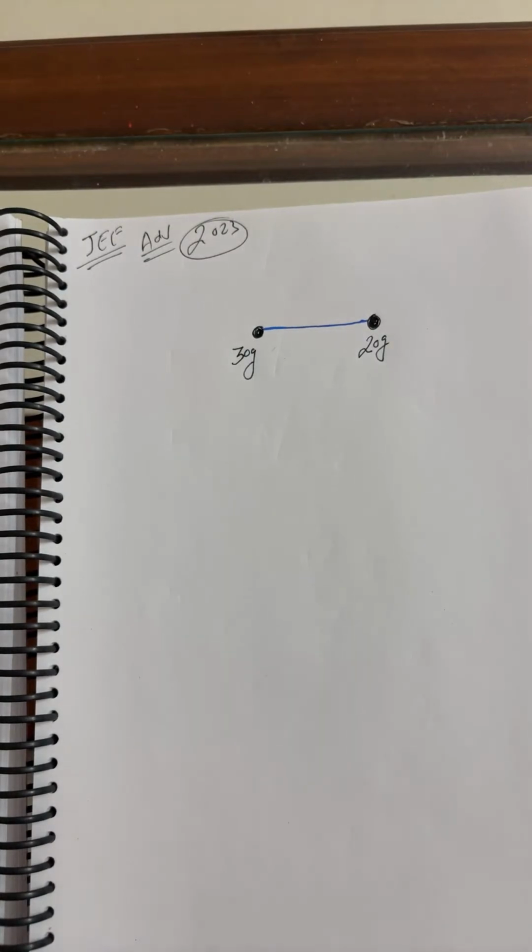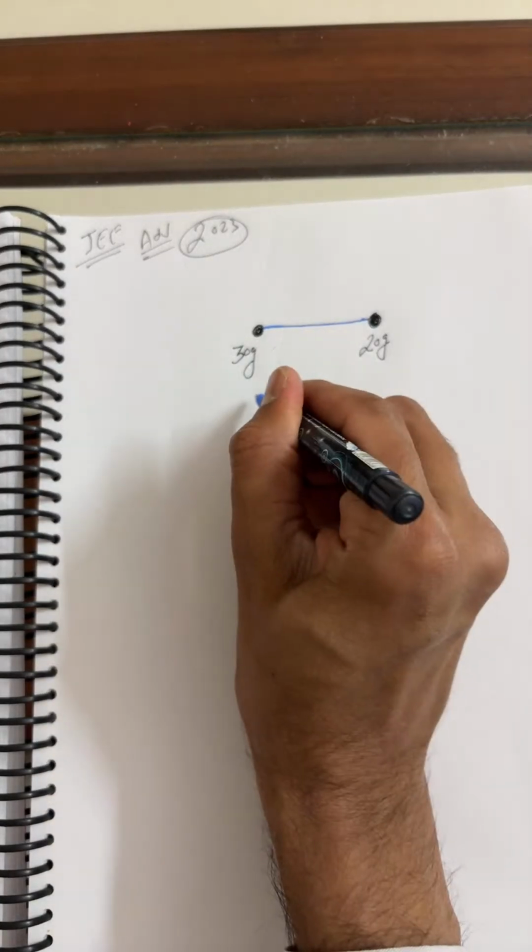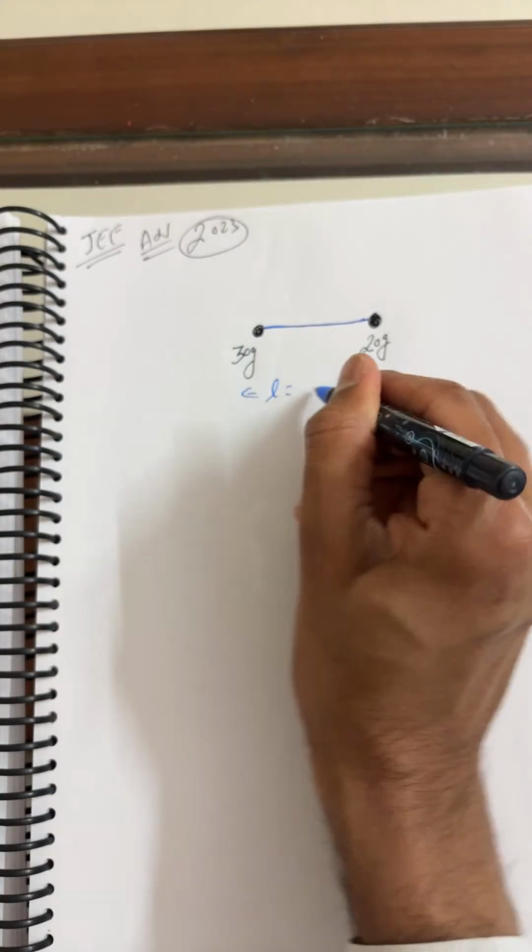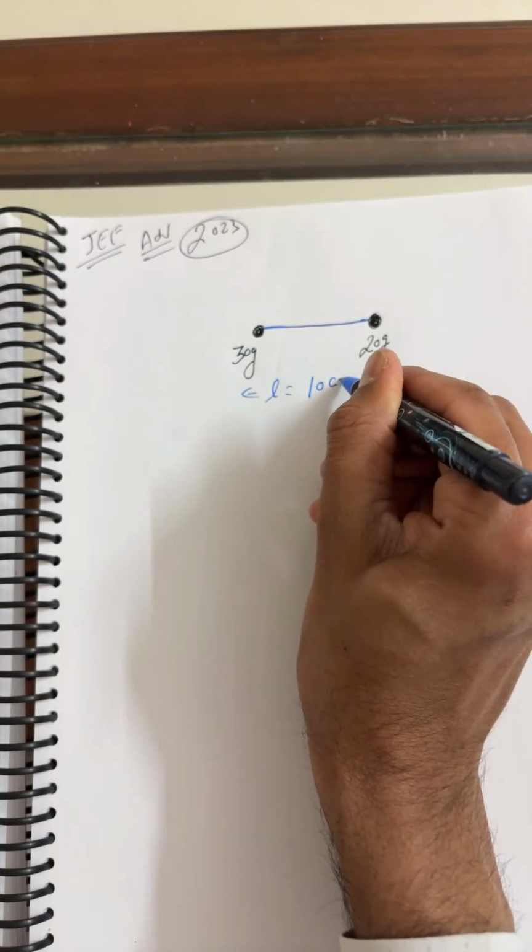Two point-like objects of masses 20 gram and 30 gram are fixed at the two ends of a rigid massless rod of length 10 centimeter. L is the length of the rod, which is equal to 10 centimeter.